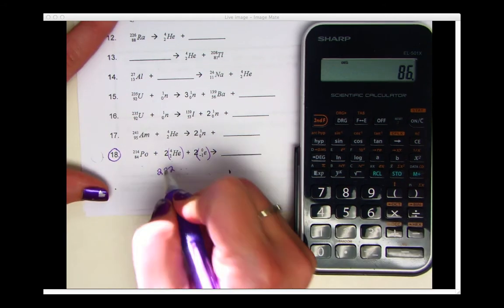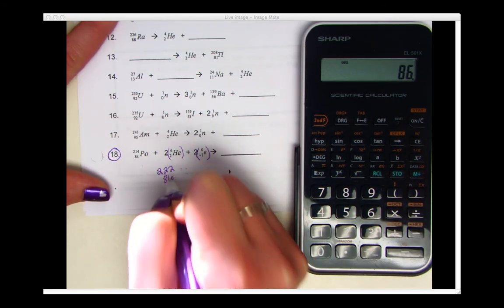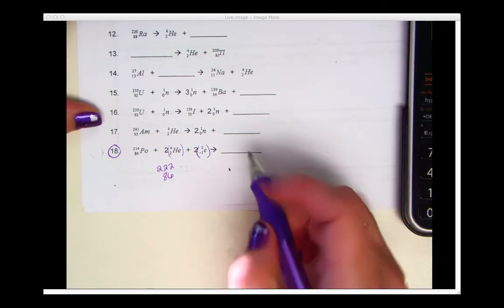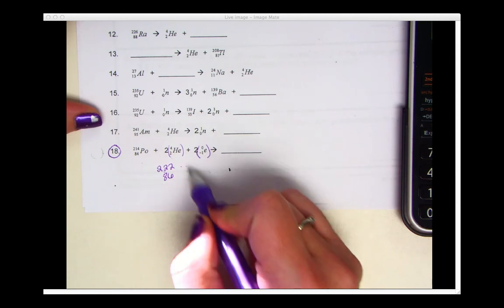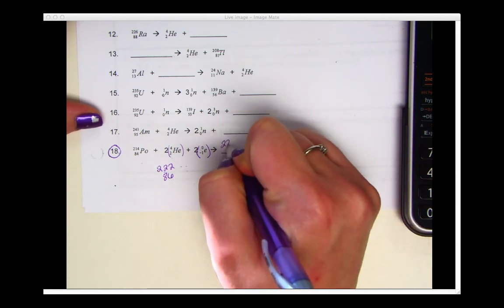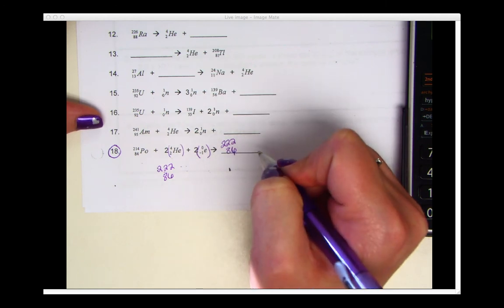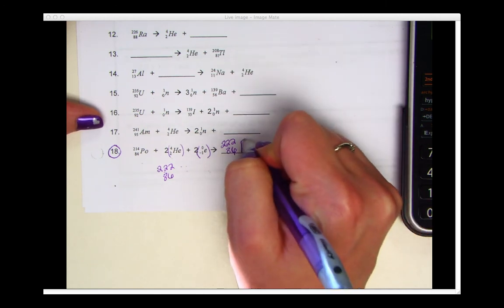Altogether we are going to have 86. Whatever's on the left side has to be what's on the right side. Since there's only 1 blank over here, all of this has to be over here. So we're going to have 222 mass, 86 protons. Looking up in the periodic table, number 86 is radon.